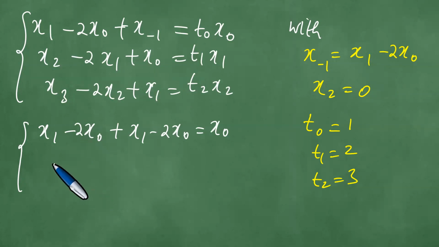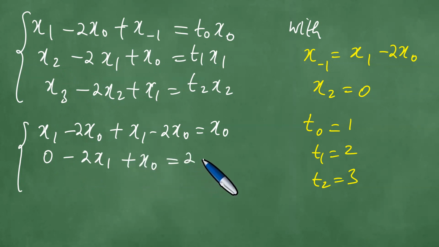So now let's look at this. What is x2? Now we know x2 is 0, so we put a 0 here minus 2x1. We don't know this one. And then we have x naught.